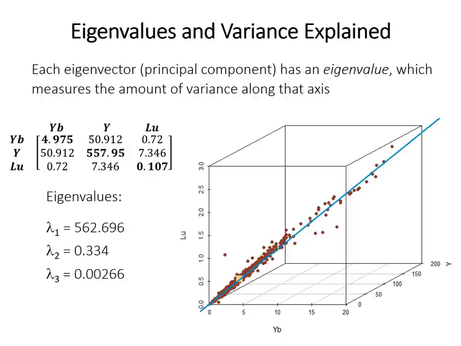In the example here, the total of the three eigenvalues, given the Greek letter lambda, is the same as the sum of the three original variances. So we can basically say that each principal component axis, each eigenvector, explains a certain proportion of the original variance, and that proportion is given by its eigenvalue.